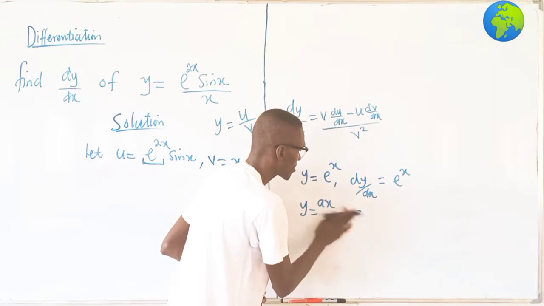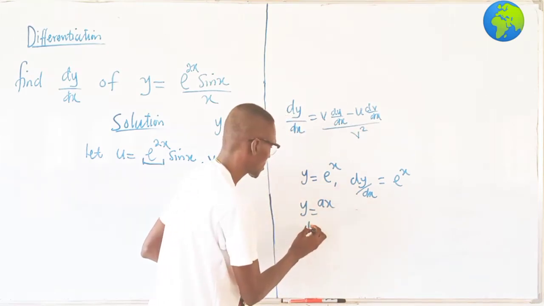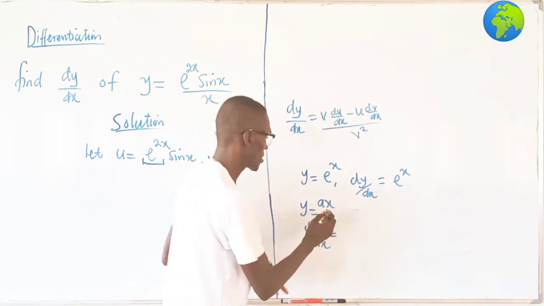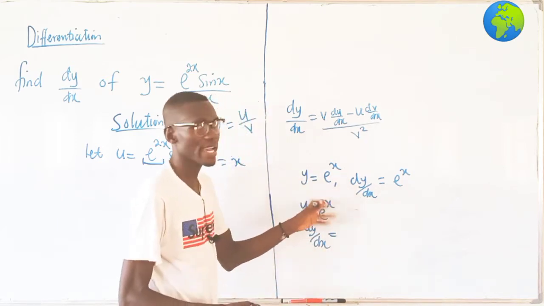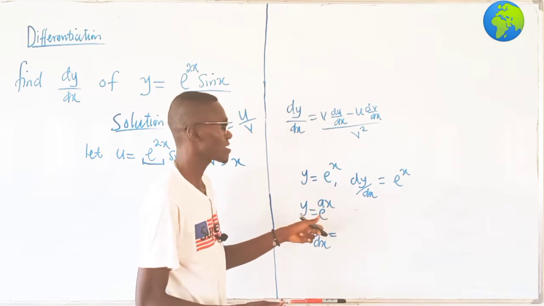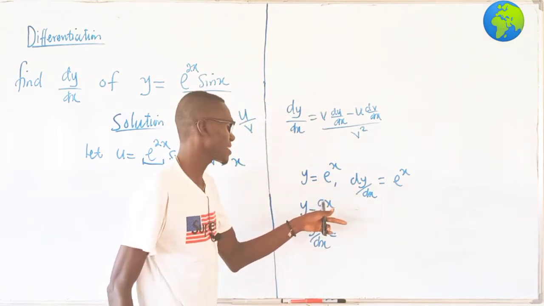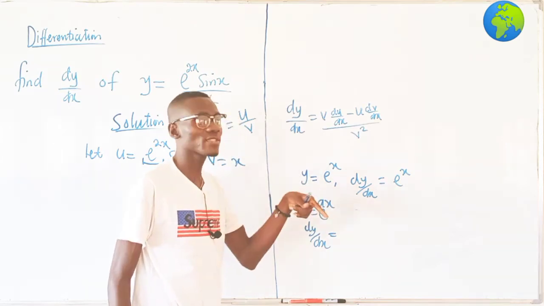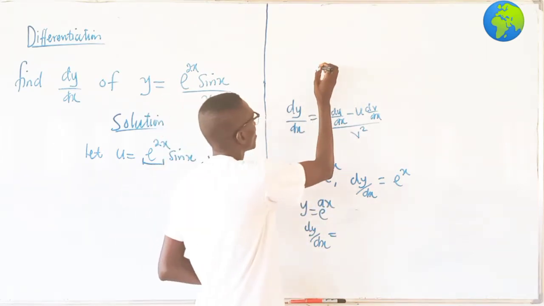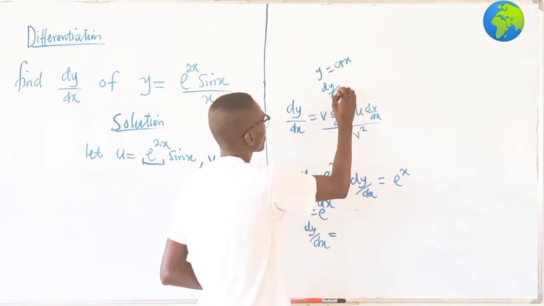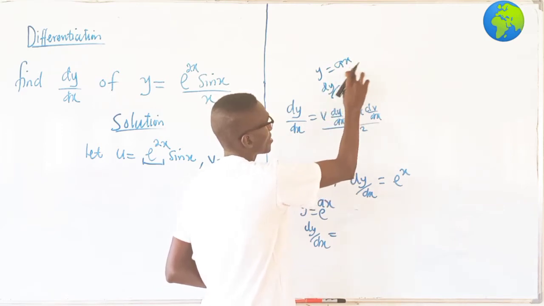So dy/dx, right, is equals, this is e^(ax), right? dy/dx of such a function is going to be, you differentiate the power, which is ax. If you differentiate ax with respect to x, recall what I said, is just to bring the coefficient, right?